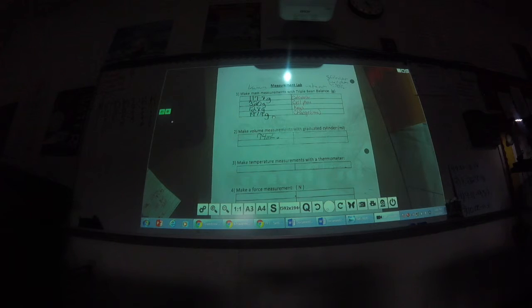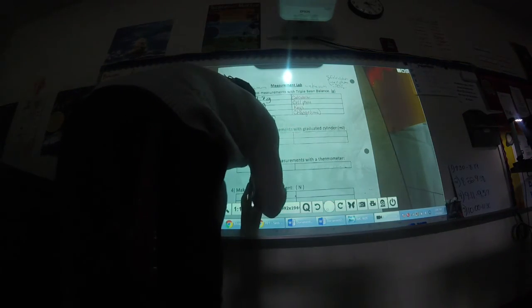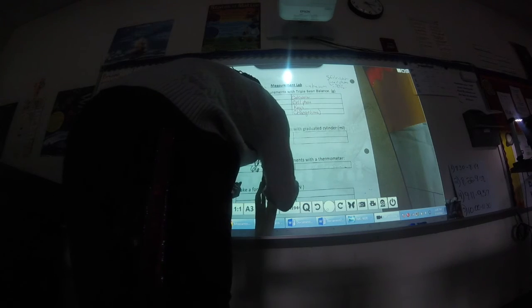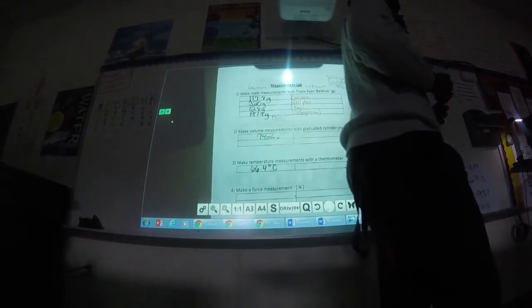Last but not least, let's go over our last question. Number 3 says make the temperature measurements using a thermometer. And what do we get for our temperature? All right, good job. 66.4 degrees what? Celsius.